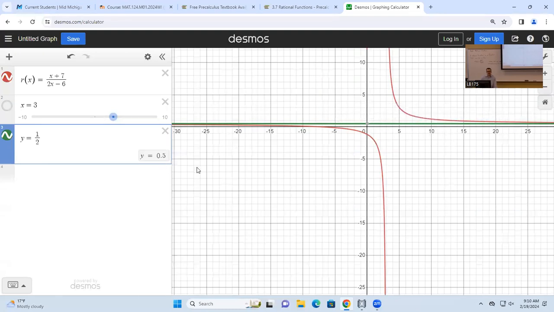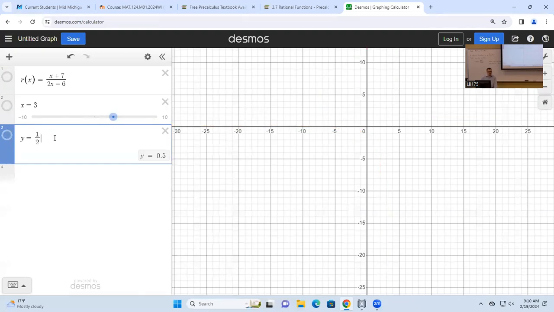Now, I don't want you to think that all rational functions are going to have horizontal and vertical asymptotes. You could have a rational function that has a vertical and no horizontal, or a horizontal and no vertical.